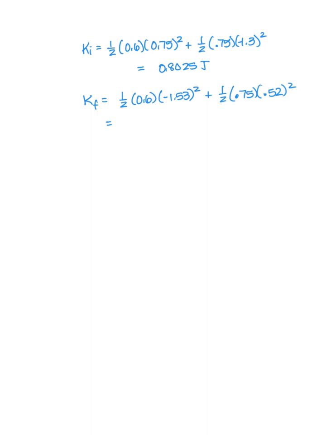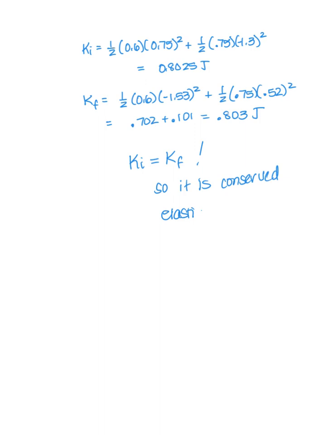Okay, so when I did this, I got 0.702 plus 0.101, which gives me 0.803, which is basically, I can say within my margin of error that my initial kinetic energy does equal my final kinetic energy. So it is conserved. That is, the kinetic energy is conserved, so this is an elastic collision.